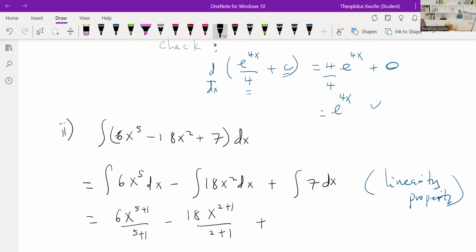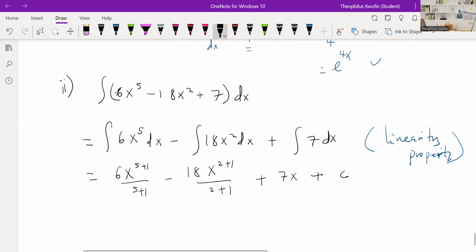And what is the integral of a constant, 7? That will be 7x. Then we add a constant c. To simplify this a bit, the 6 on 6 cancels so that we have x to the power 6, and we have 18 on 3.